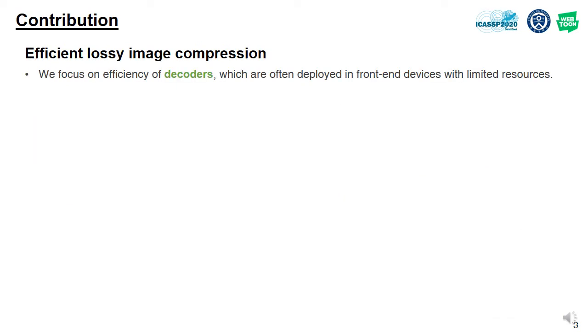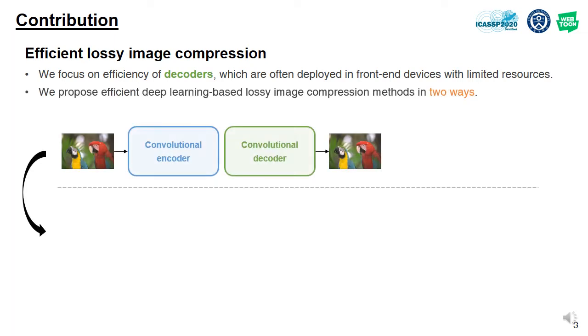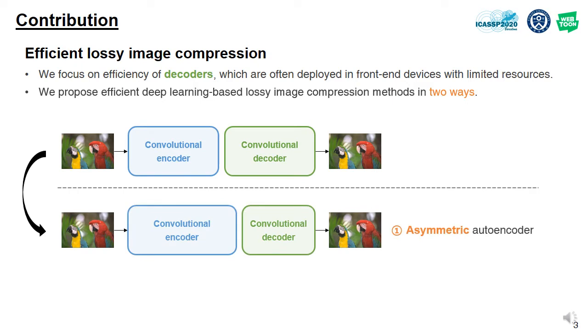This slide shows the contribution. We focus on efficiency of decoders because they are often deployed in front-end devices with limited resources. In this paper, we propose efficient deep learning-based lossy image compression methods in two ways. First, we present an asymmetric convolutional autoencoder.